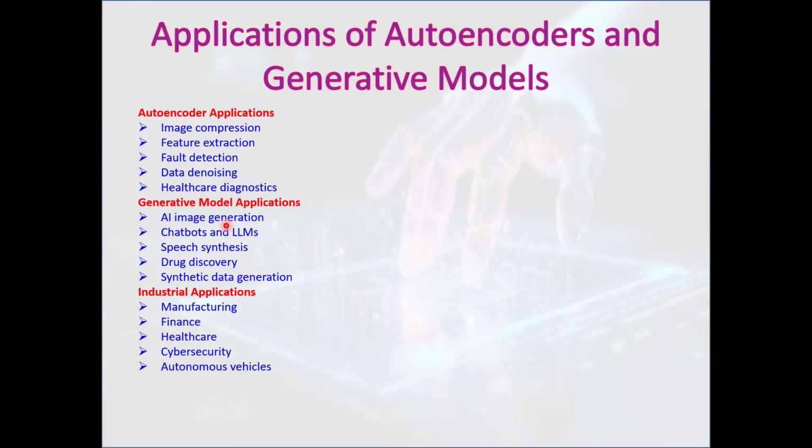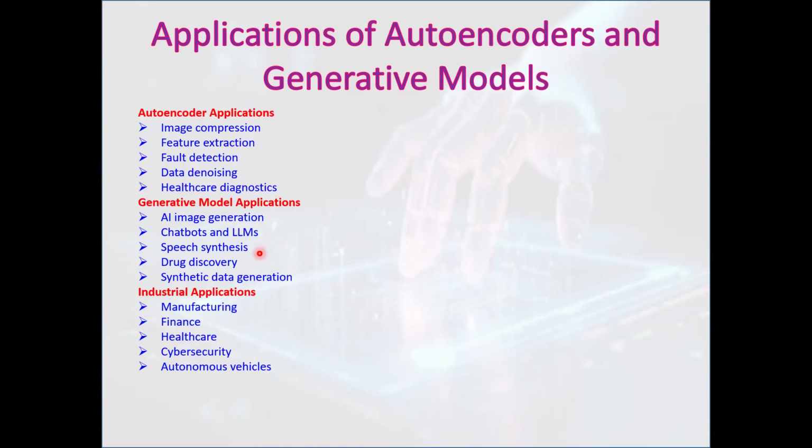AI image generation. That means generative image models create realistic images, as I said already, for digital content creation, entertainment, and design applications. Chatbots and LLMs: generative AI models power conversational AI systems capable of understanding and generating human-like responses. And speech synthesis.